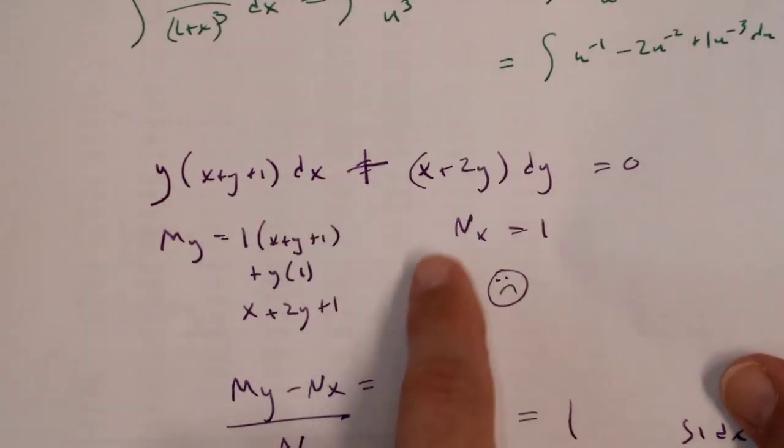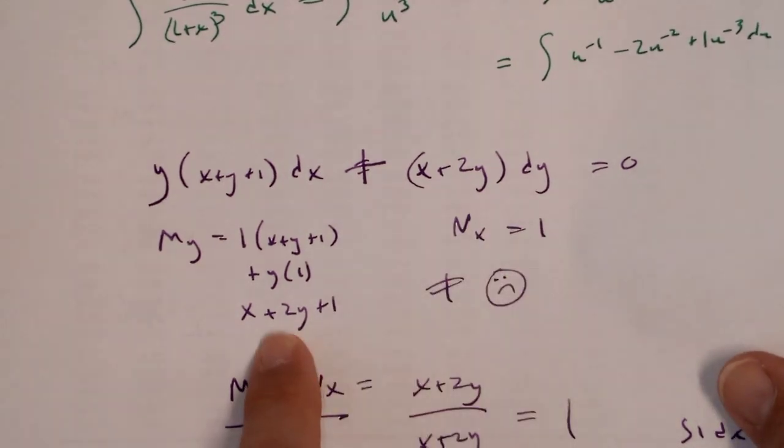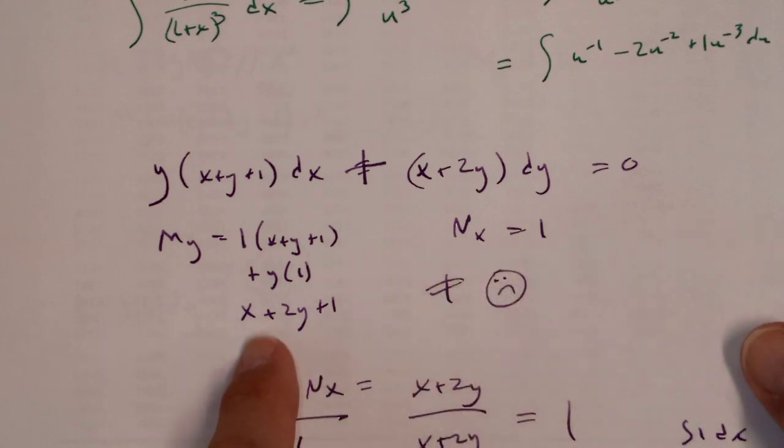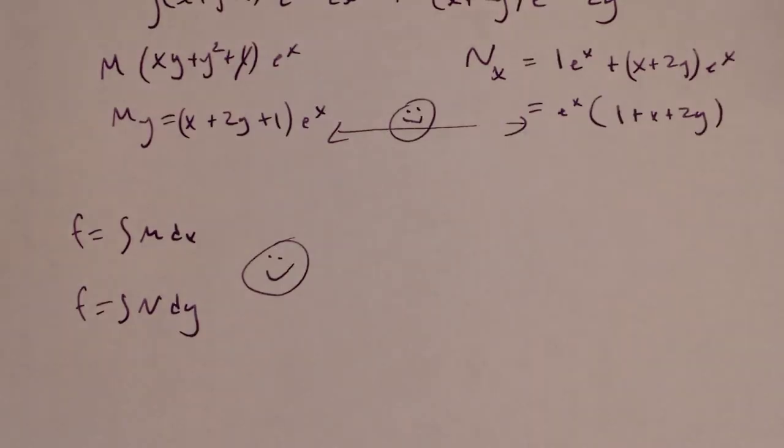So I said, oh, it'll be easier to do this one minus that one. If I'd done it the other way, I would have gotten negative x minus 2y, but it would have been divided by this, and that's much uglier, isn't it? Since it really is a toss-up, I went with the one that looked like it would be easier, and lo and behold, it was.